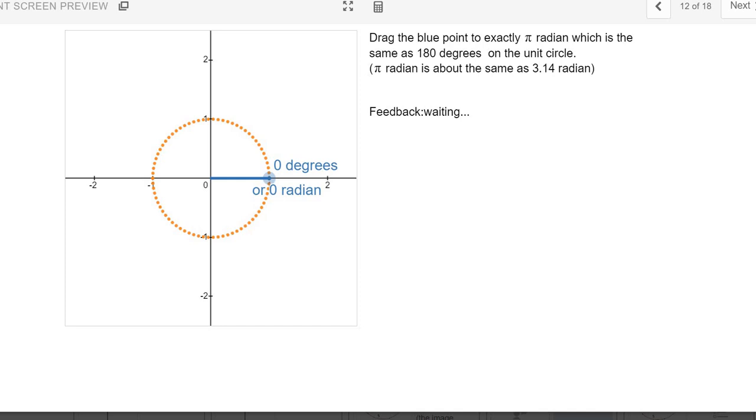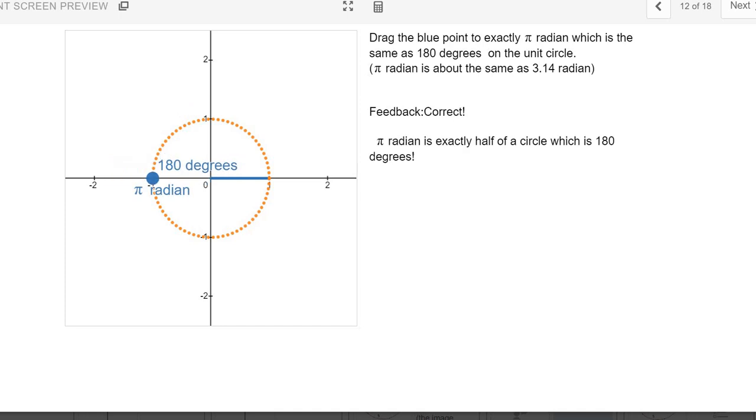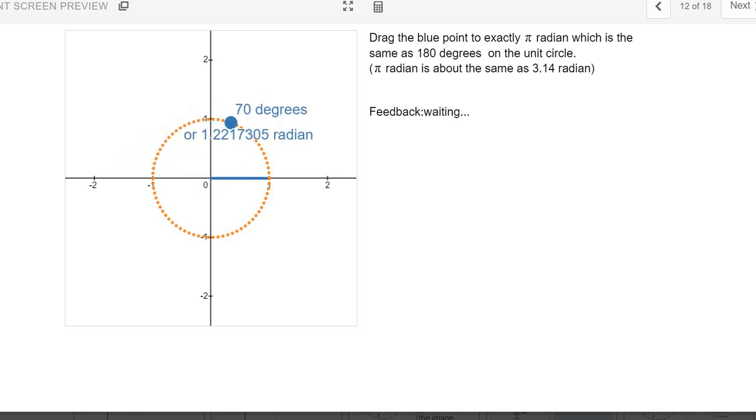Now, before I used pi over 180 as my multiplier to convert from degrees to radians.